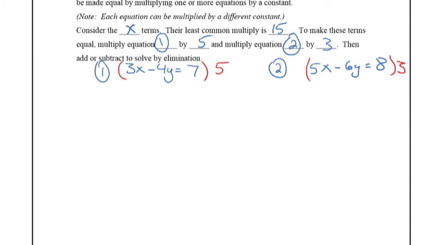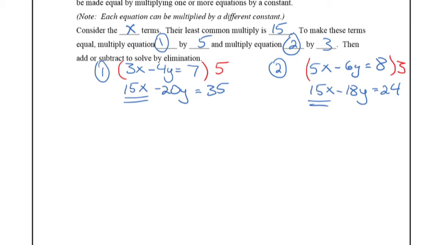All right, let's look at the first equation here. 3 times 5 is 15x, 5 times 4 is negative 20y, and 5 times 7 is 35. And over here, same idea, 15x, 3 times 6 is 18, and 3 times 8 is 24. So now my x coefficient for equations 1 and 2 is the same. I'm just going to write these on top of one another, lining up all of my x's and y's.